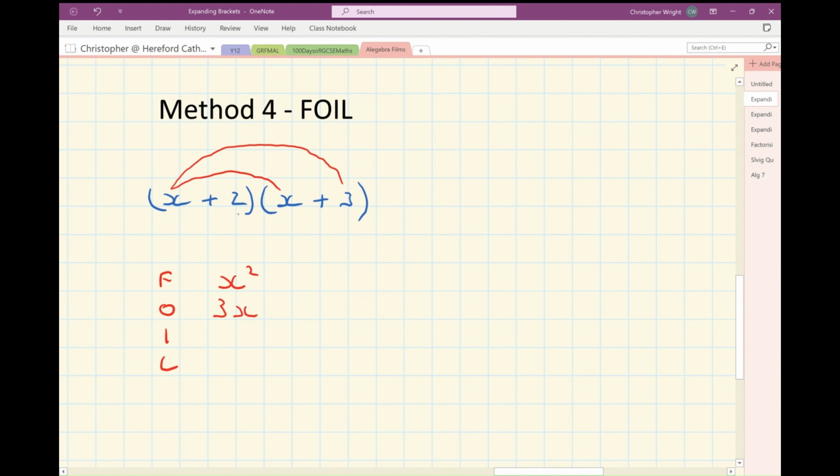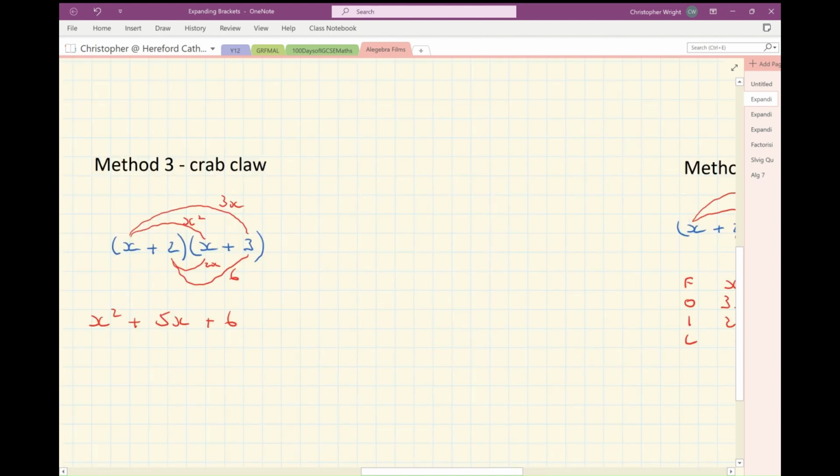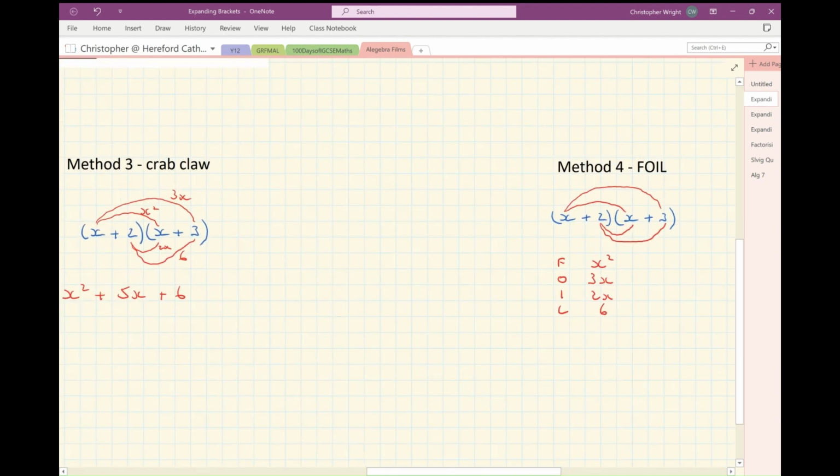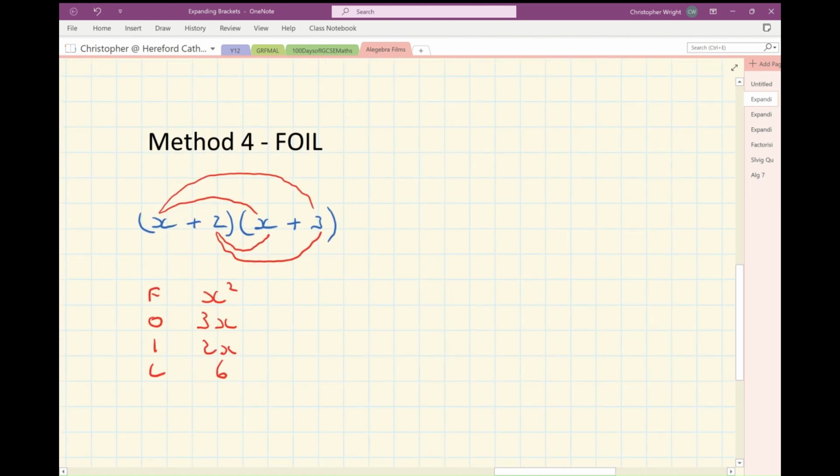And now the inside of each bracket may be written on the bottom, 2x, and the last in each bracket is 6. Well, that looks very like the crab claw, doesn't it? Okay, in fact, almost identical. And now you can simply add up your 4 components. So I'm going to get x squared plus 5x plus 6.